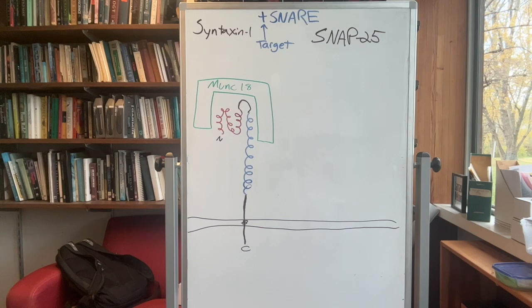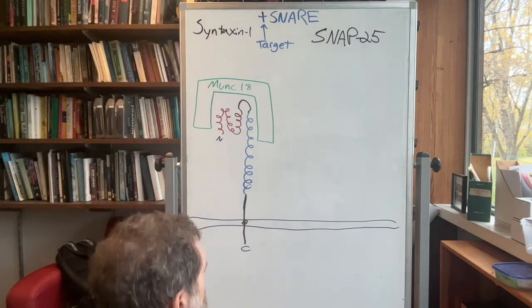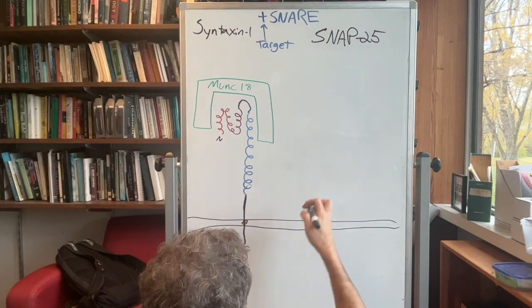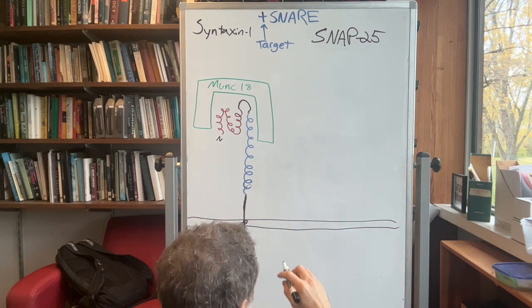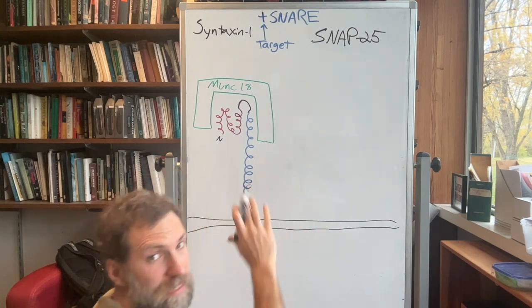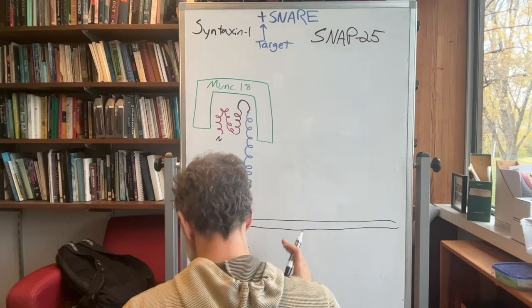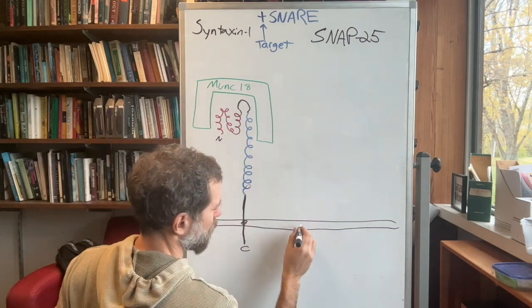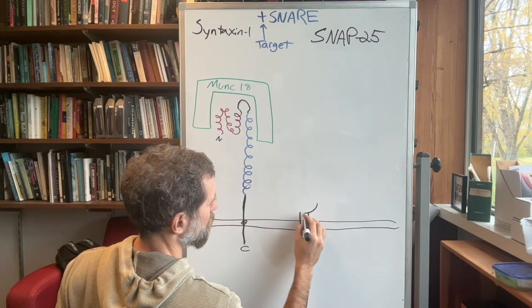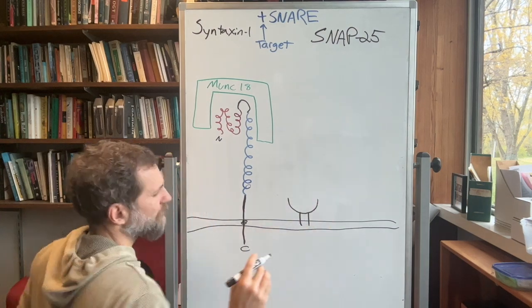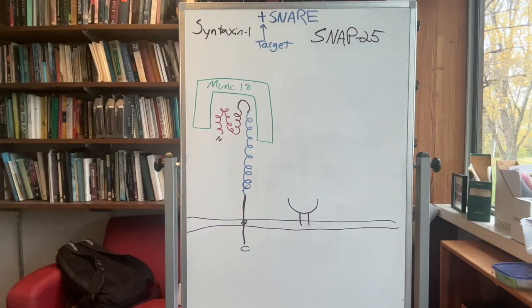Now, SNAP25 has a different structure. It's not a protein that spans the entire membrane. In fact, the protein itself doesn't go into the membrane. The protein itself connects to these lipid molecules that are normal constituents of the membrane.